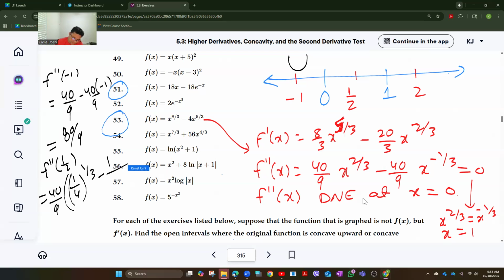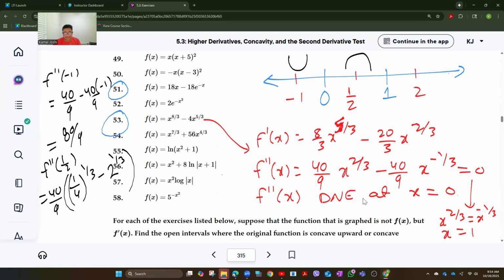So basically the reciprocal of half, you get 2, so that is 2 to the power 1/3. I don't need to know the exact value, I only need to know whether it is positive or negative. It's 1/4 to the power 1/3 minus 2 to the power 1/3. I can easily see it's going to be negative, so it's concave down here.